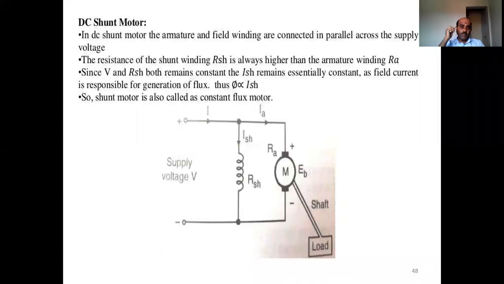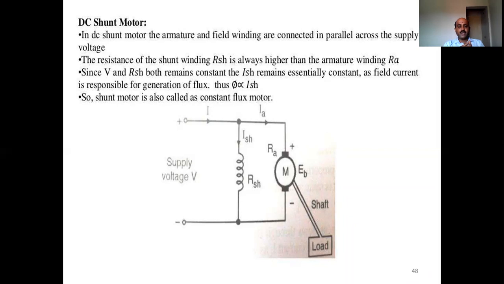First, the DC shunt motor. In a DC shunt motor, the armature and field windings are connected in parallel across the supply voltage. What we were talking about in the previous slide is the way in which the armature and the field windings are connected.